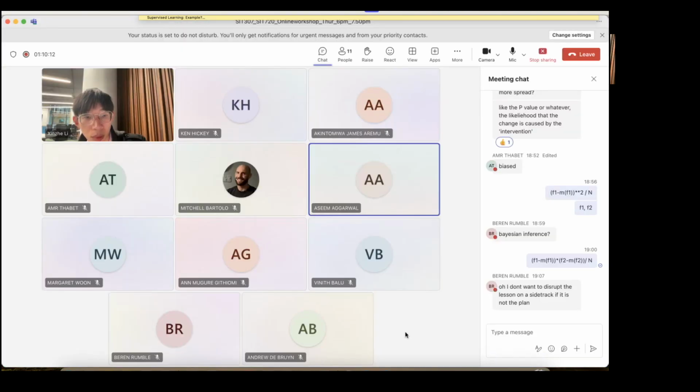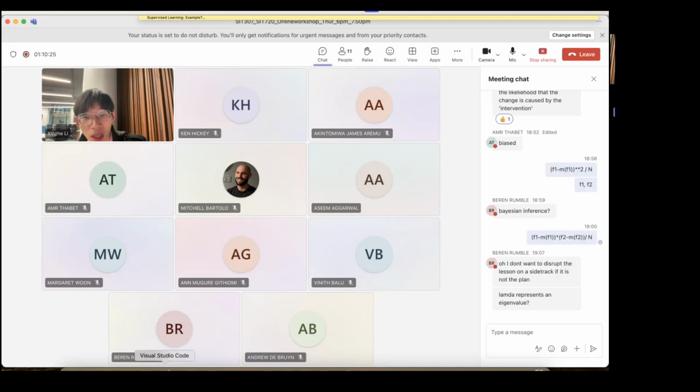Lambda is a scalar value, yeah. The lambda, I already told you, represents some kind of spread of the data. But what data does it measure the spread of?